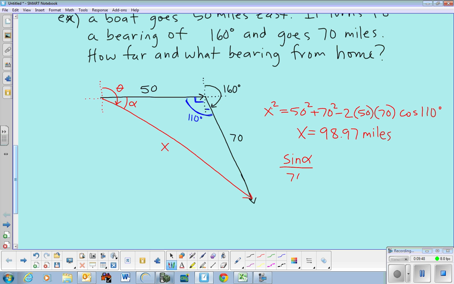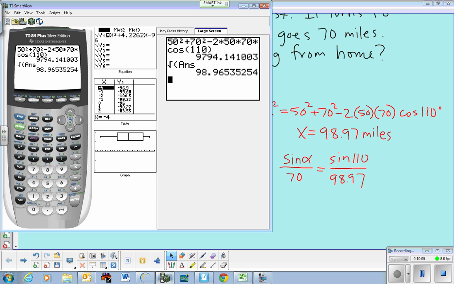Sine of alpha over 70 equals, let's see, what other pair do I have? I'll use sine of 110 over 98.97. All right, so I go across and across like that. And in my calculator, if I can still use that 98.97 fully accurate, I'm going to do that.